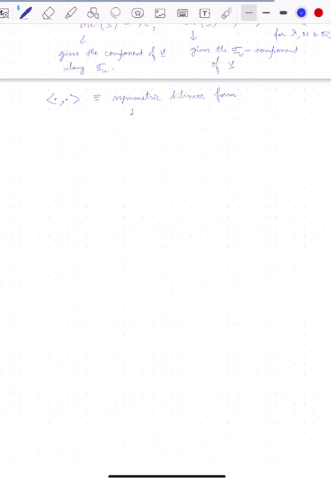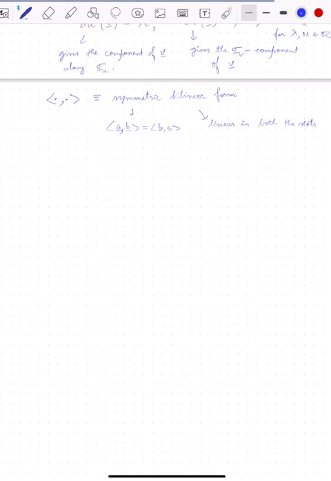Symmetric means that a vector comma b vector is the same as b vector comma a vector. And bilinear means linear in both the slots. What do we mean by slots? Slot means the first argument and the second argument of the angular bracket. So it happens to be linear in both, right?